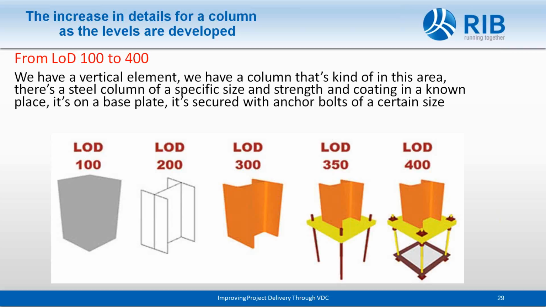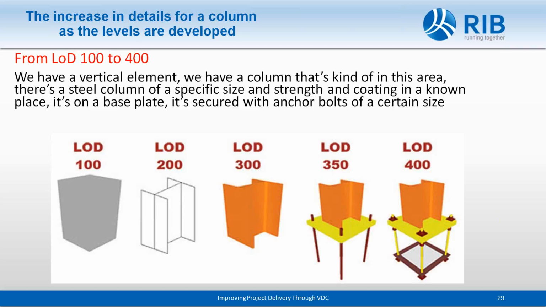We don't know if it's structural or architectural or whatever. We just know that there's a vertical element present there. At LOD 200, we now know that it's a steel column, and it's kind of specified size-wise, but that could change. And as we move to 300, we know exactly what size it is.